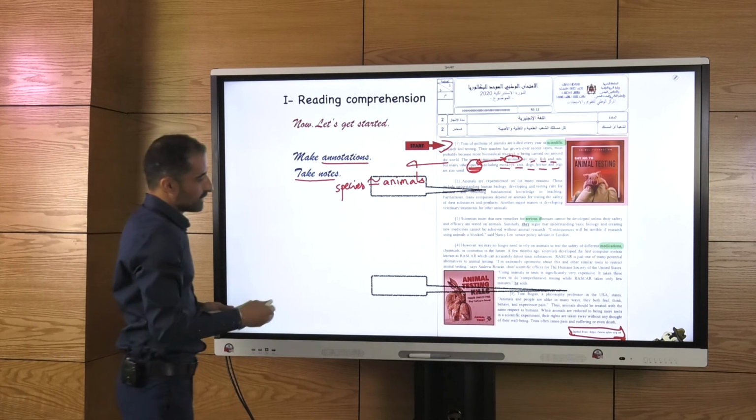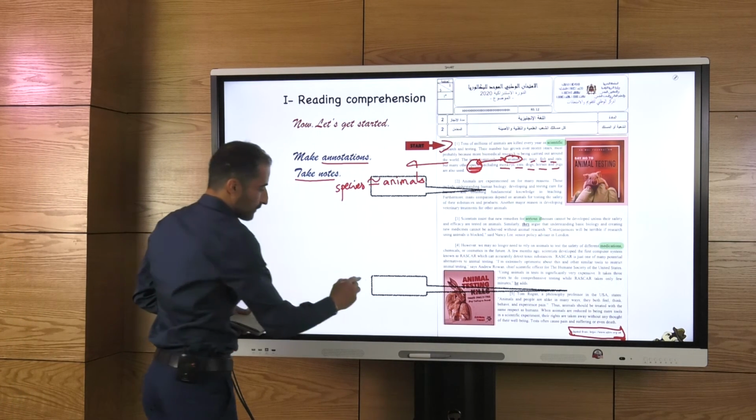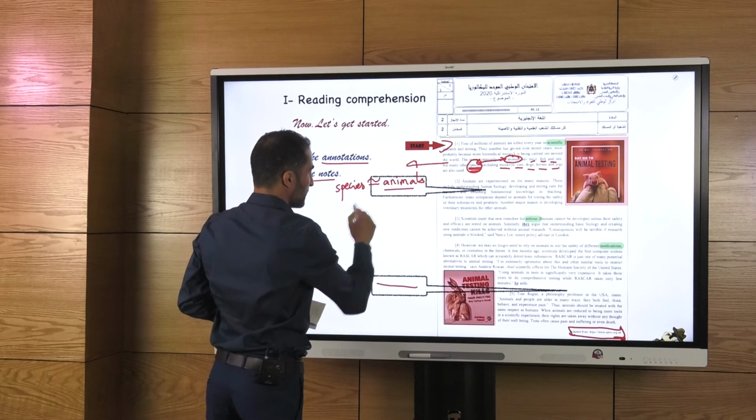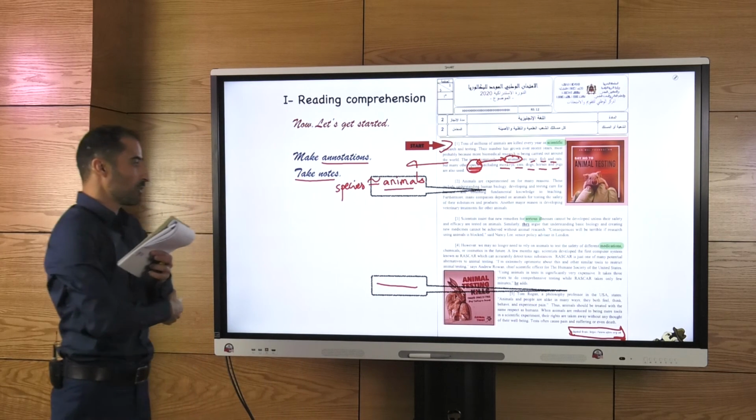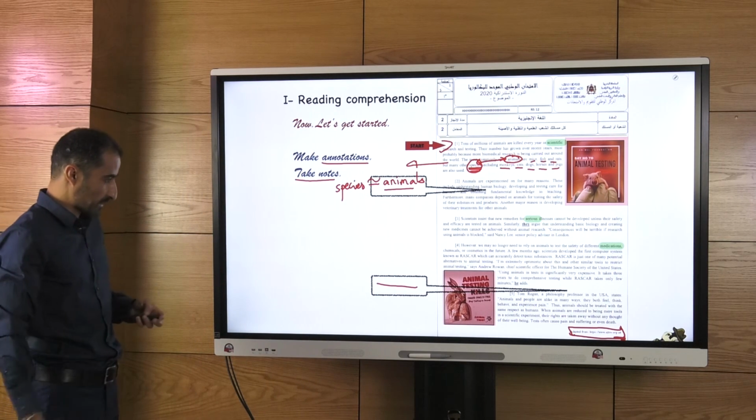So if it happens that there is an idea in your mind, for example, you can insert it in the annotations that you are going to draw on the margin of the text.